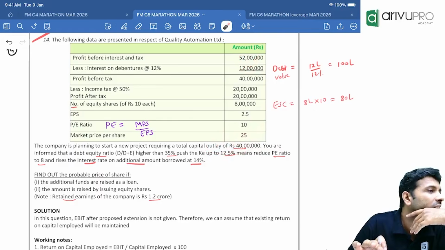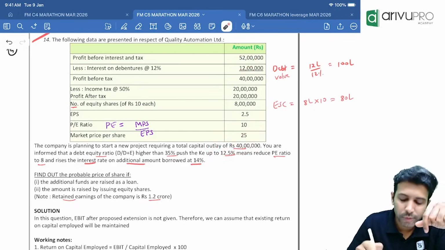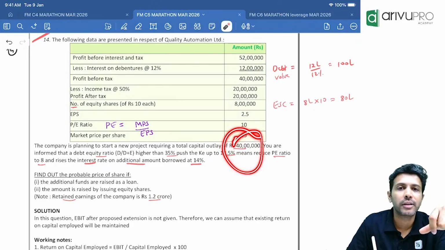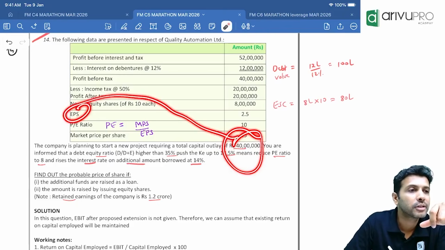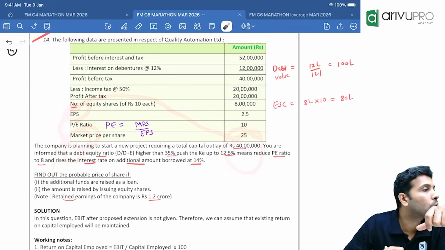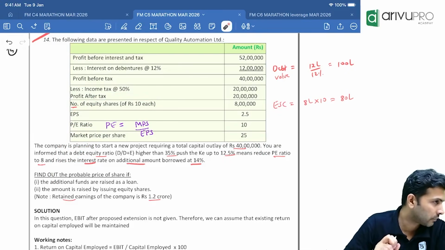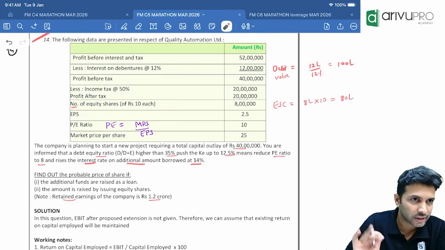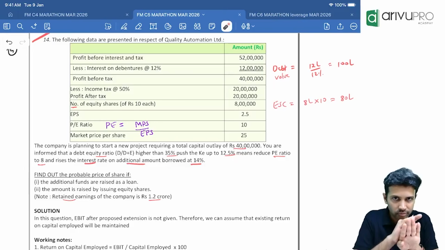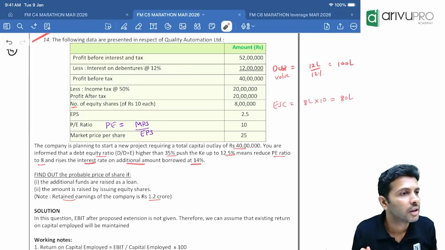Given or missing? Missing. So if the new project's EBIT is not given, how do you find total EPS? If you can't find it, how can you find MPS? Understood the pain point of this question, where we're getting stuck?